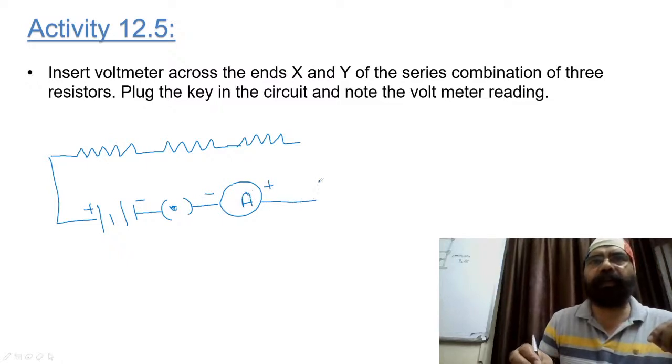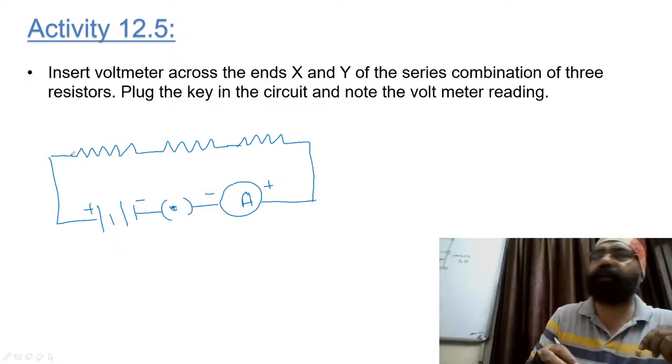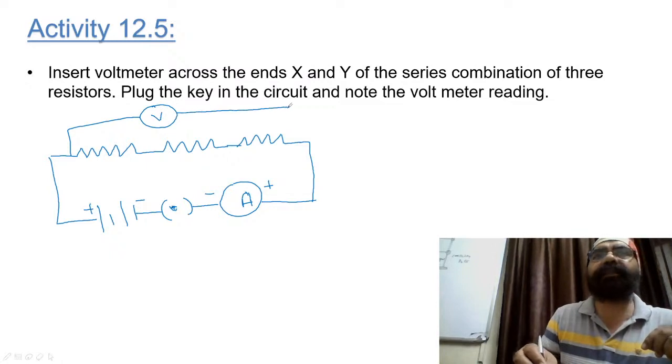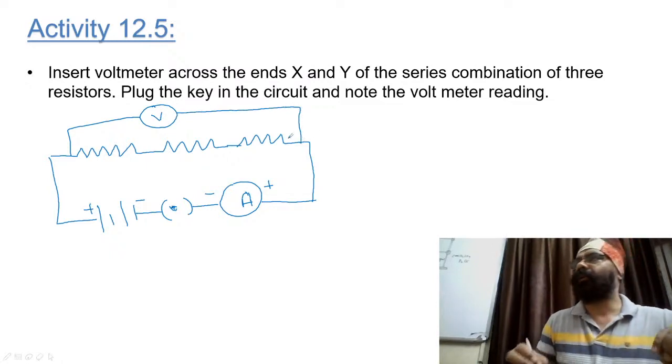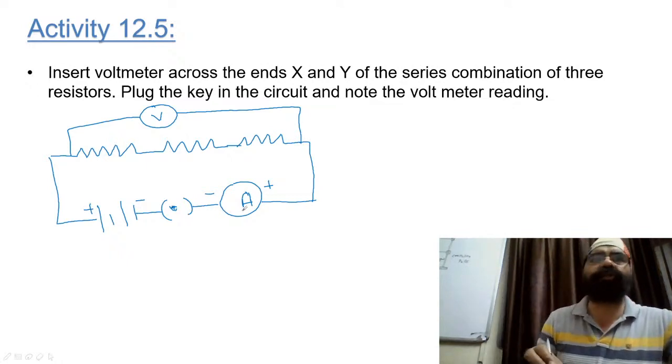Now I connect a voltmeter. You all know that a voltmeter should always be connected in parallel. So I connect a voltmeter to find out the potential difference across the two ends.